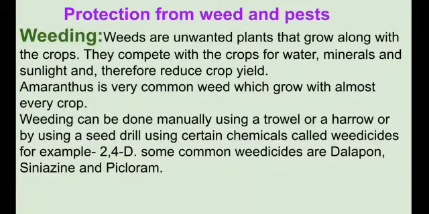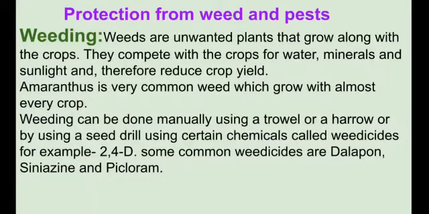Weeding can be done manually using a trowel or a harrow, or by using a seed drill, or using certain chemicals called weedicides. So we can do it manually as well as by machine. By uprooting them from the soil or chopping them off at ground level periodically, or by using the chemicals called weedicides, weeding can be done.